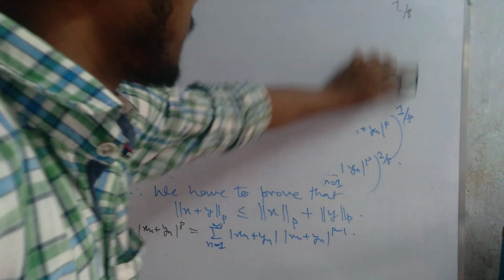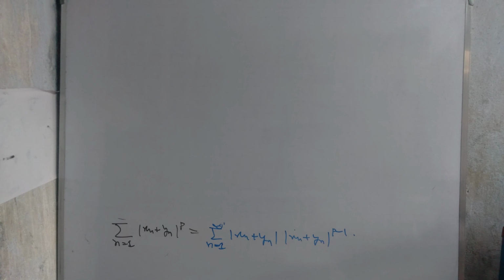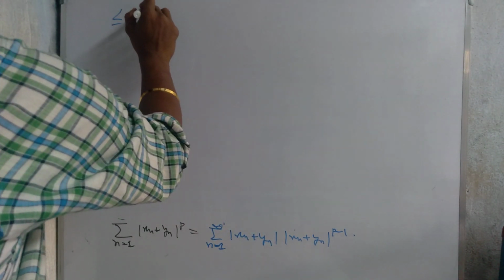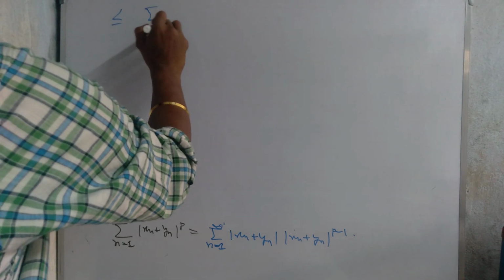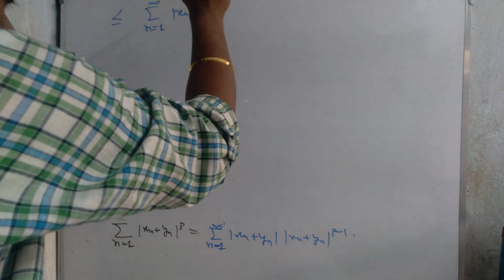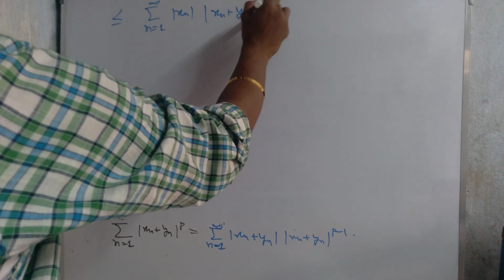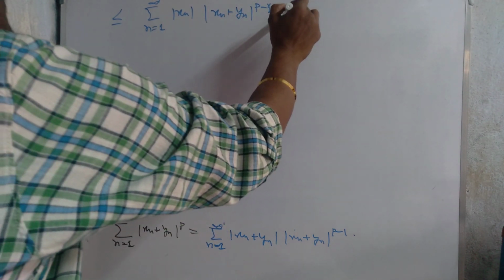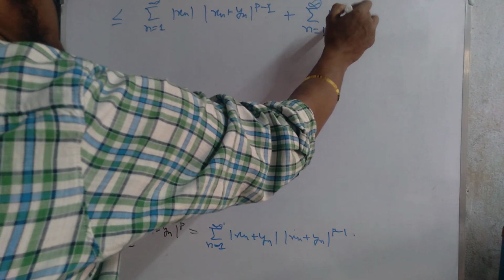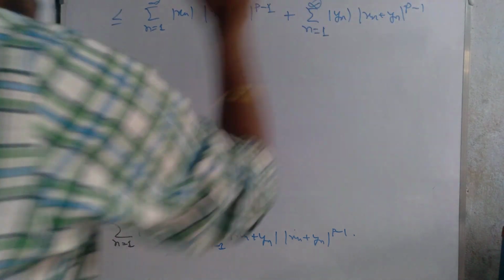This is less than or equal to the sum over n equal to 1 to infinity of |xn| times |xn plus yn| to the power p minus 1, plus the sum over n equal to 1 to infinity of |yn| times |xn plus yn| to the power p minus 1.